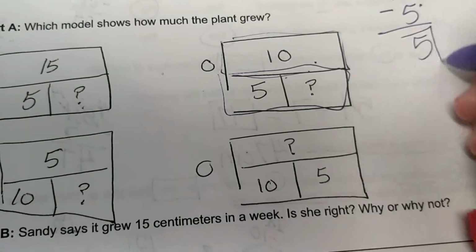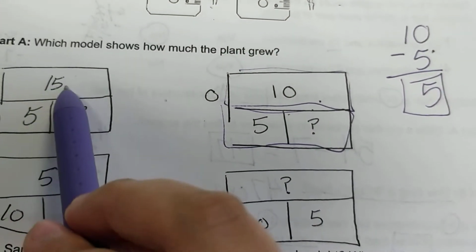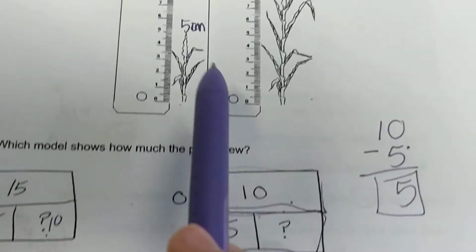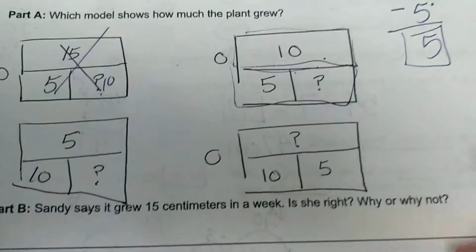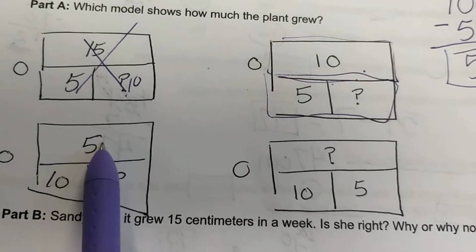Well, we know our answer is 5. So let's start with 15. 15 minus 5, well, that's 10. That's not what we want because nowhere in our problem said 15. Nah. Let's try this one. They said 5 is the bigger number.